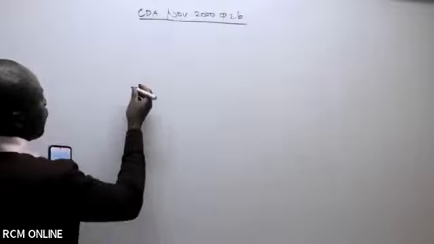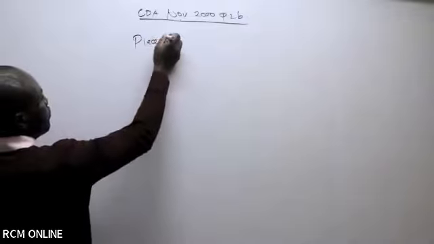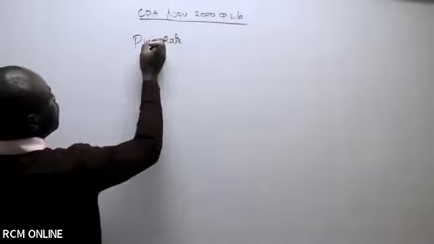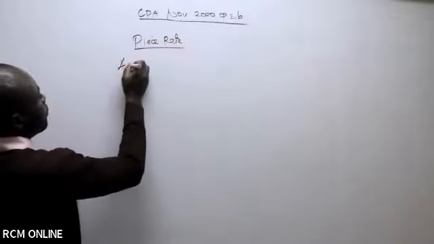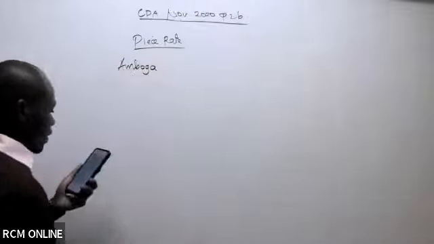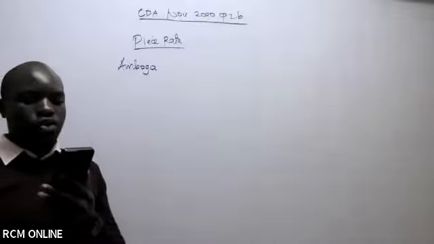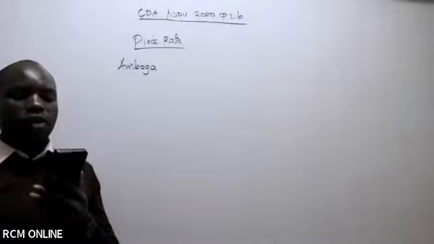Let's start with Amboga here. We are dealing with piece rate. What is the examiner telling us here? The examiner has said, under piece rate, the company pays its casual workers 25 shillings for every good unit.